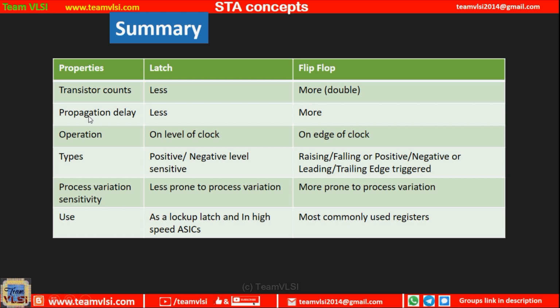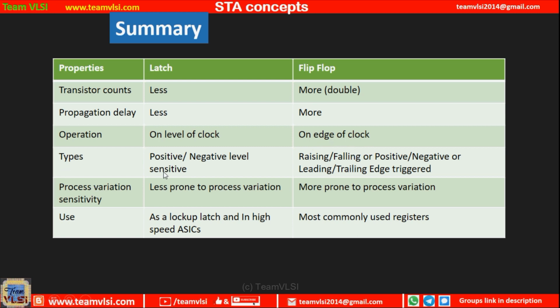Propagation delay: definitely it will be less in case of a latch because it is in one stage only, and in a flip flop it's in two stages. Operation: a latch operates on the level of the clock, whereas a flip flop operates on the edge of the clock.